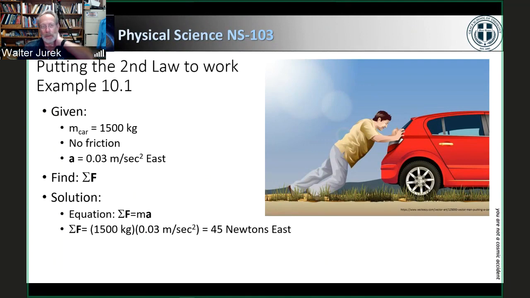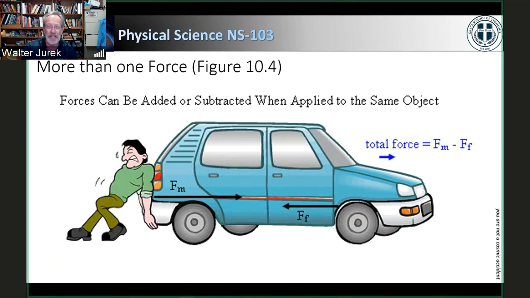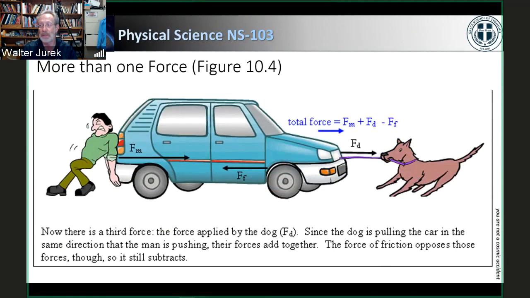All righty. So then they give us this picture in the textbook. It's figure 10.4. But this time they've included friction. So there's actually more than one force that we have to account for. And that's where that Greek letter sigma comes into play. We're going to add up the forces. On the right-hand side of the picture, they add another force in there. We got the dog.